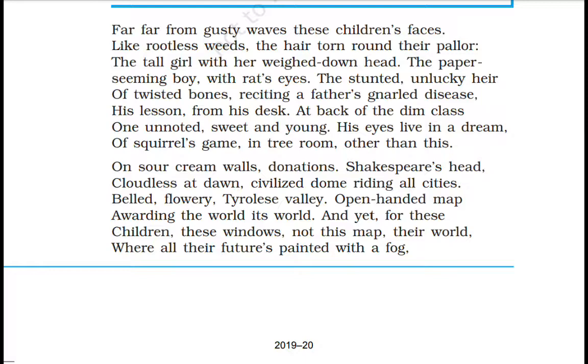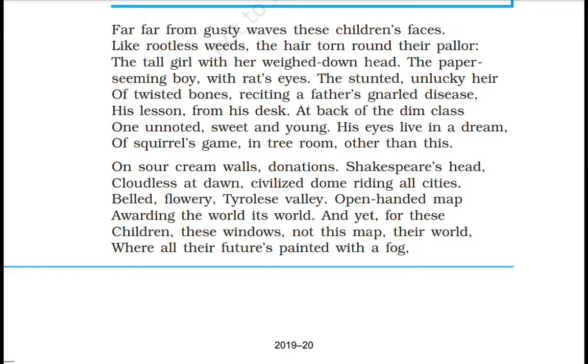And for him, that tree room where the squirrel goes is more enjoyable than this. So this child is still in dream, he still has hope, and he wants to live, to see the outside world where there is freedom, where there is hope, where there is joy.